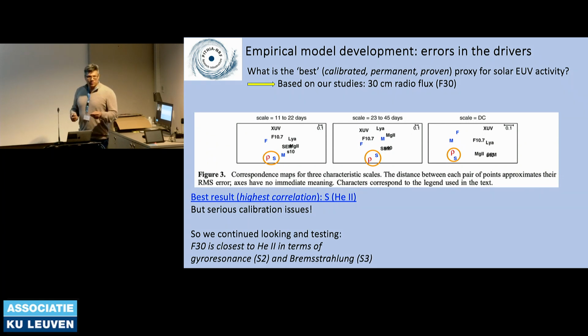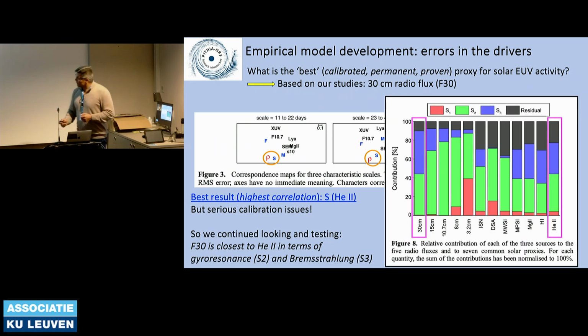So we looked further, and we stumbled more or less by chance on F30, which has been measured in Japan since the 1950s. They just never told anyone. So here you have the 30 centimeter radio flux, here you have 10.7, and here you have helium-2. And we found this higher correlation with EUV through the composition, like the contributions of Bremsstrahlung, gyroresonance, and free-electron recombination.